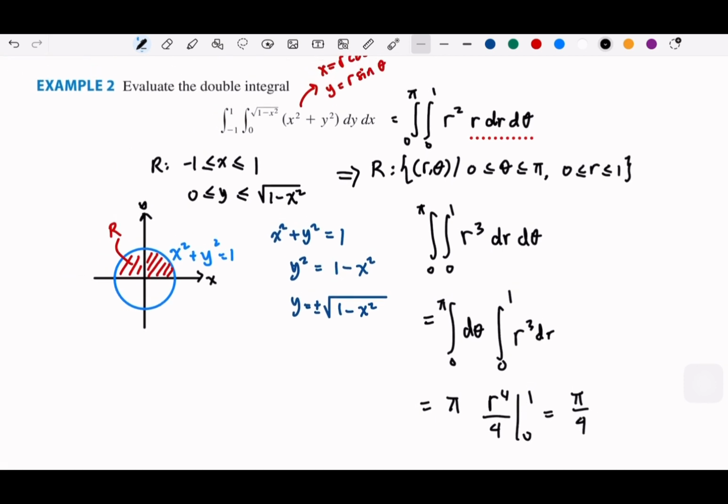If you try to work your way through the normal integrations, it is very tedious and a little bit longer, but if you convert to polar, you have these simple calculations. So every time you see anything that can be turned into polar and will be much easier to convert, that's probably your best way to solve it.